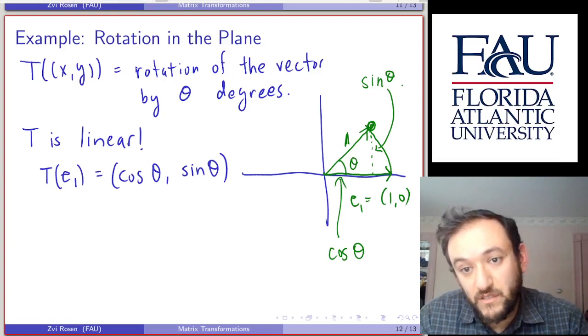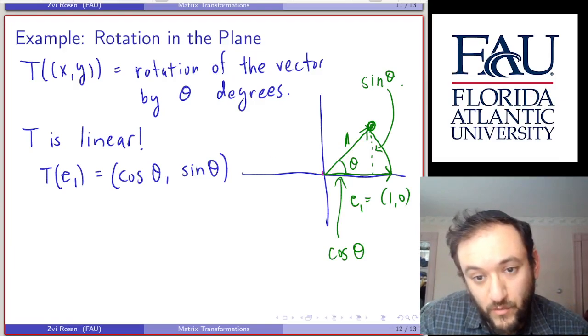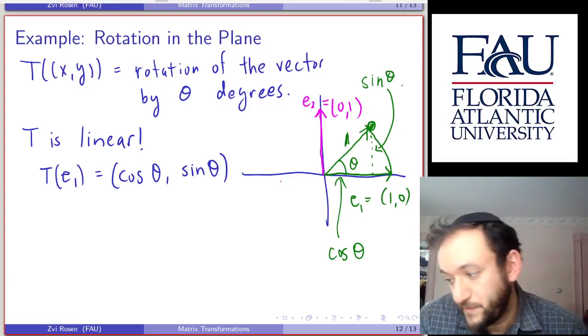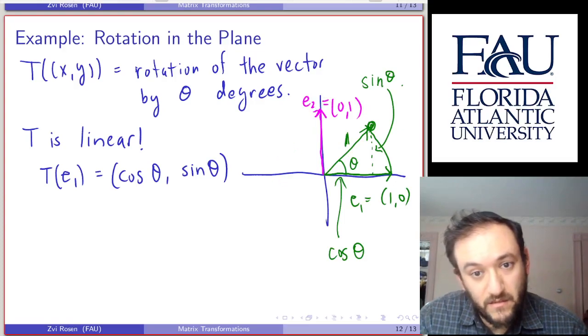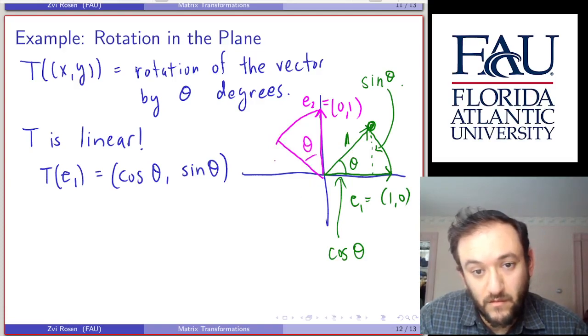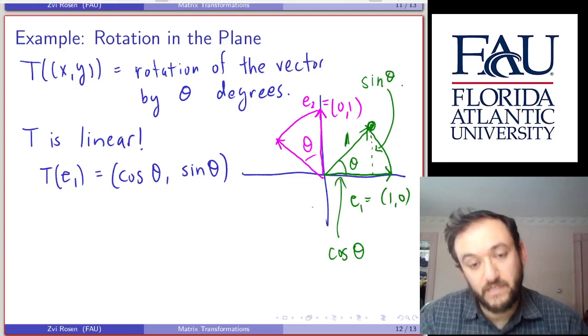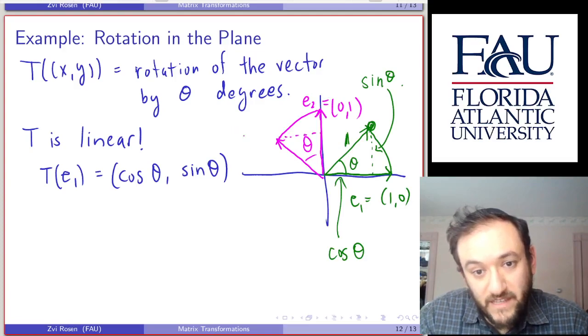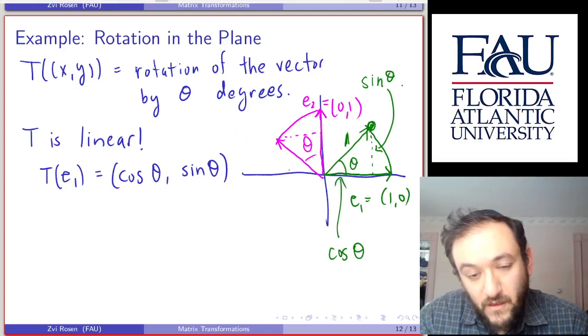How about T of E2? Well, here we're starting with 0, 1. This is E2. And we get theta degrees here. So what are our x and y coordinates? Well, again, we have that this length is cosine theta.